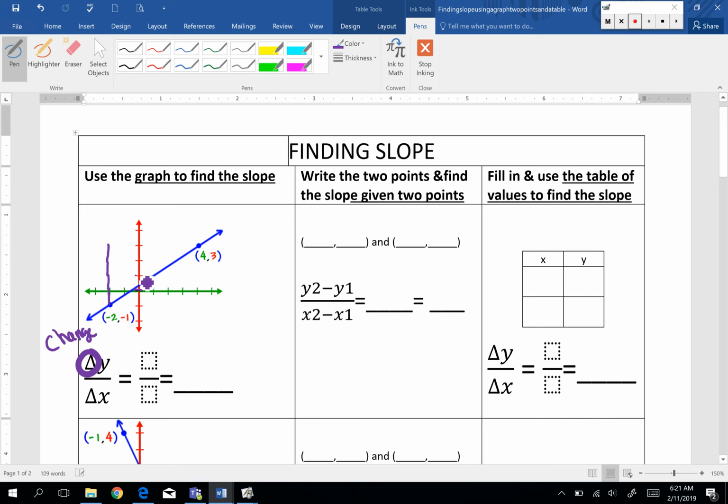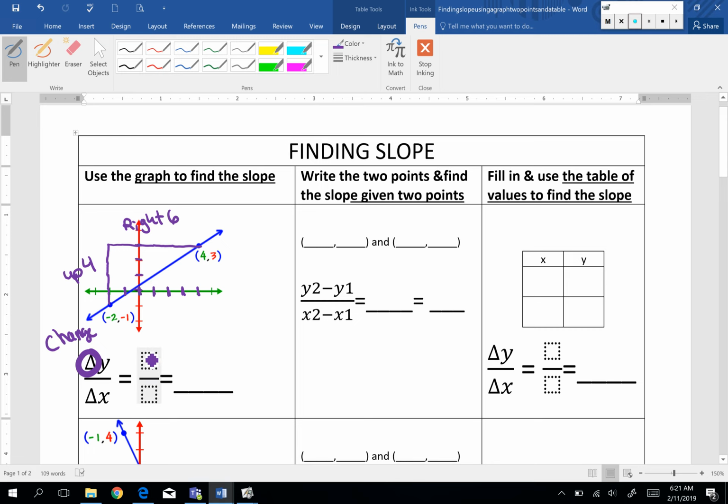So up 4, and then we go to the right 1, 2, 3, 4, 5, 6 boxes. Again, I'm just counting the little tick marks to get to our other point.